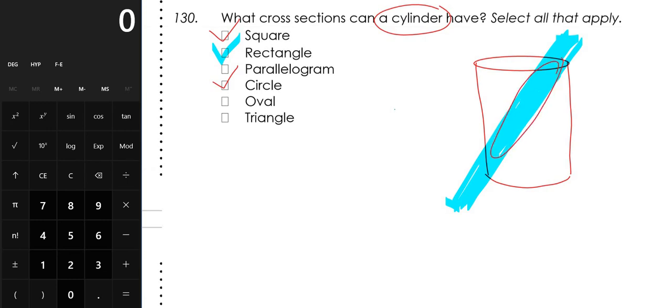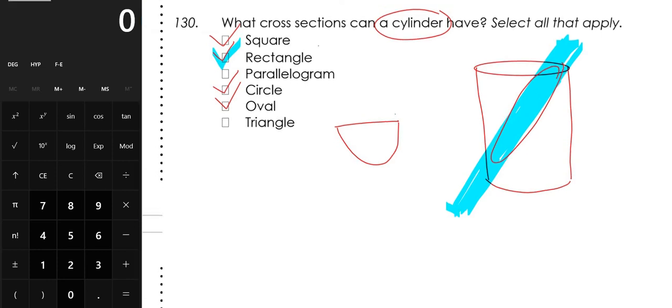So the answer is yes, you will get an oval. And last one, a triangle. The answer is no, you're not going to get a triangle. You're going to get something that may look like this, but not a triangle. So our only 4 choices are square, rectangle, circle, and oval. And we are done with this page. Let's keep moving.